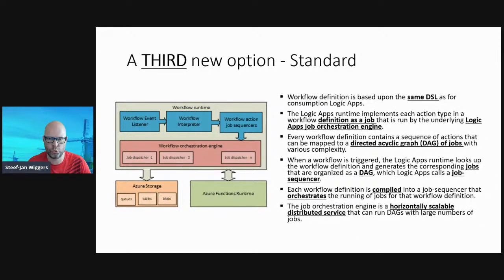And if you look into the documentation as well, one thing is it's still the same domain-specific language, but then there's some underpinnings and mechanisms that will interpret your DSL. And that will just create all kinds of jobs, and it will sequence those actions into what's called a directed acyclic graph of jobs.